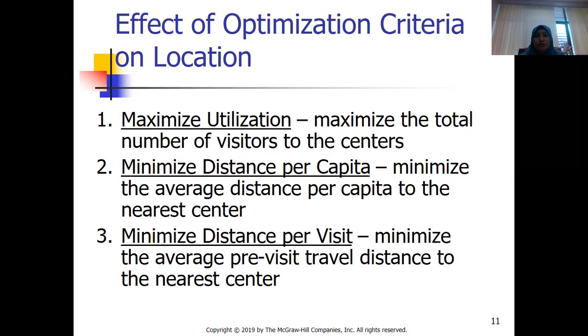This is quite similar in terms of the distance. Per capita just now referred to the population nearby. But here, number 3, the distance per visit, looks at how far the customer will travel to the nearest center. So you can estimate how far the customer has to travel to come to your center.